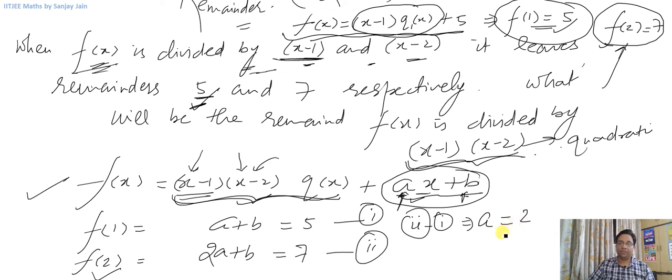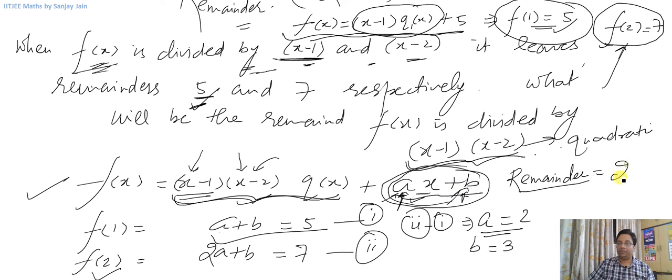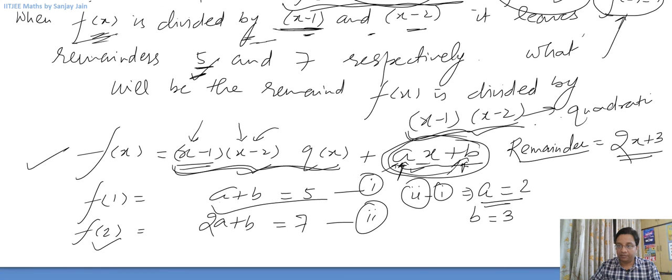So I've got the value of a, I'll put it in equation number 1. So b is equal to 3, hence the remainder is ax plus b, so I'll put the values of a and b here. So the remainder is 2x plus 3. This is the answer, right? I hope these types of questions you can easily attempt, right?